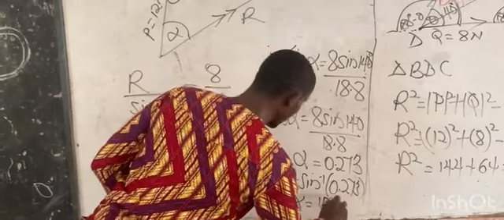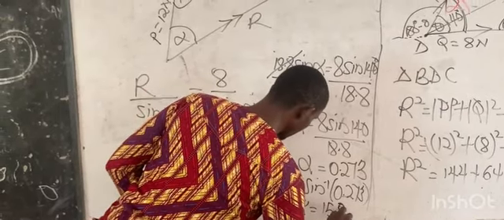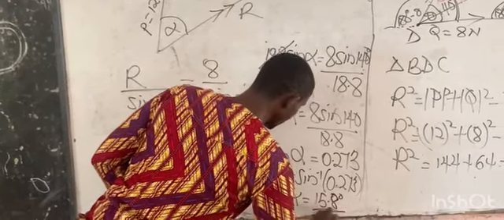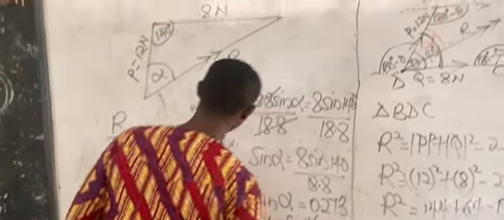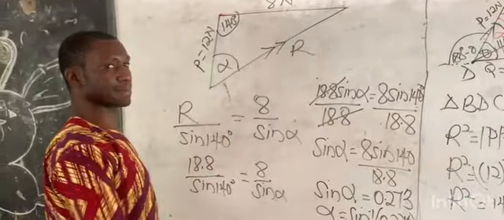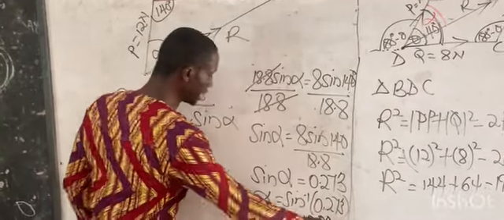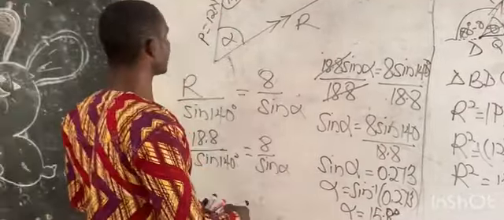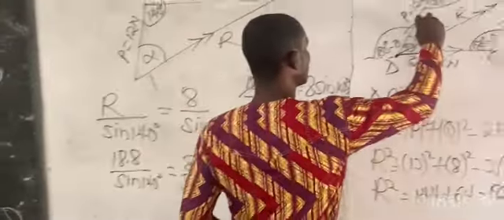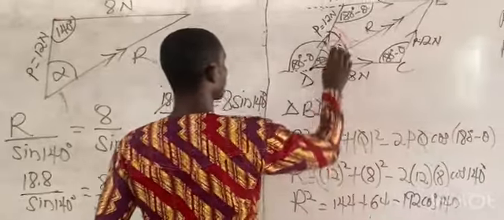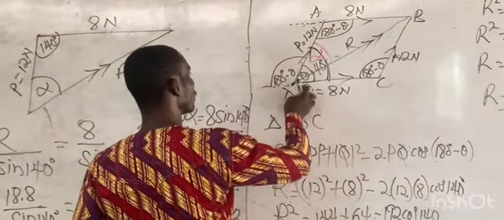So it's 15.8 degrees, because it is an angle, so it should be in degrees. But because we said 1 decimal place, it should be 15.8 degrees. And that is the angle between the resultant force R and the force P.